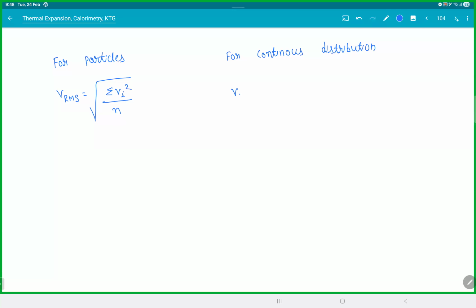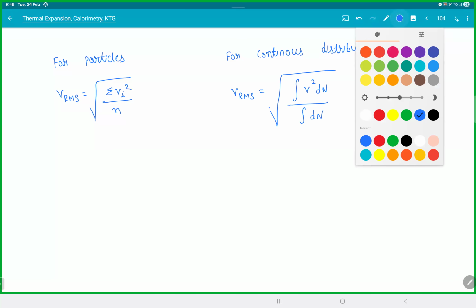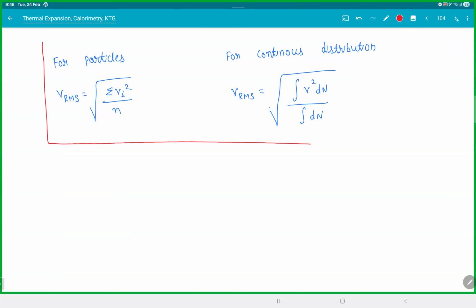For continuous distribution, VRMS will be root over integral V square dn by integral dn. There, you should know this stuff. We're going to do questions based on this in the next class. The integral form.